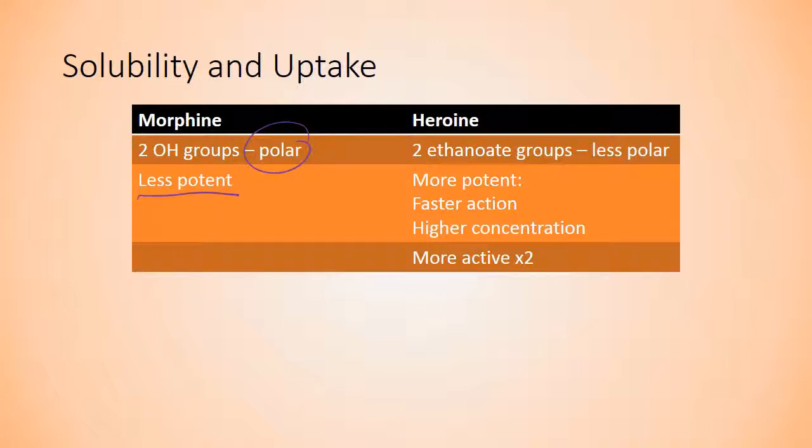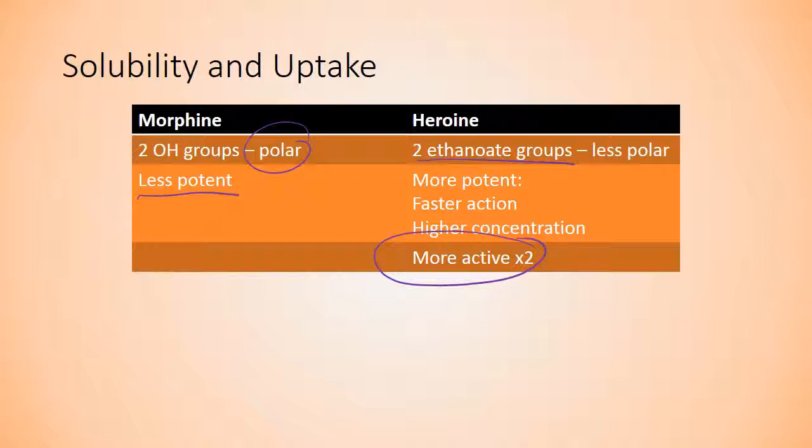Heroin replaces those two OH groups with ethanoate groups, which decreases the polarity of the compound. That means heroin is able to get through the blood-brain barrier quicker, which has faster action on the brain, and therefore there's a higher concentration available to the brain, which makes it more potent, which essentially makes it more active. And it's more active by 2 times.